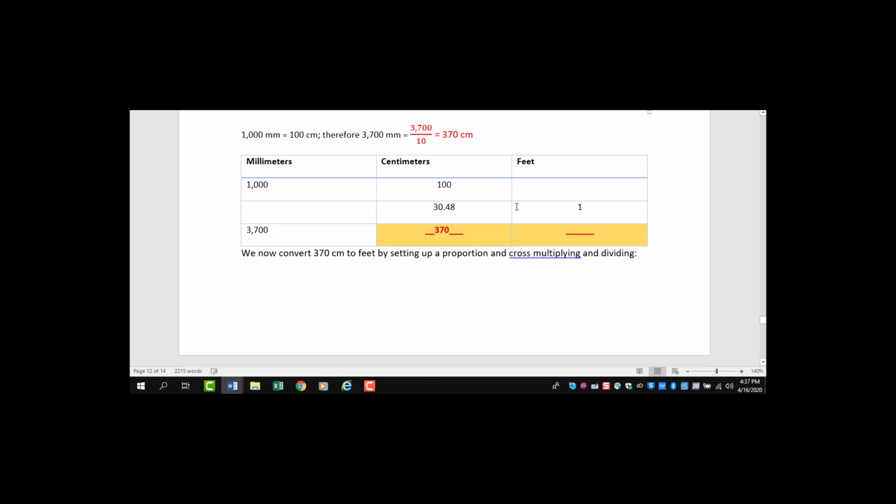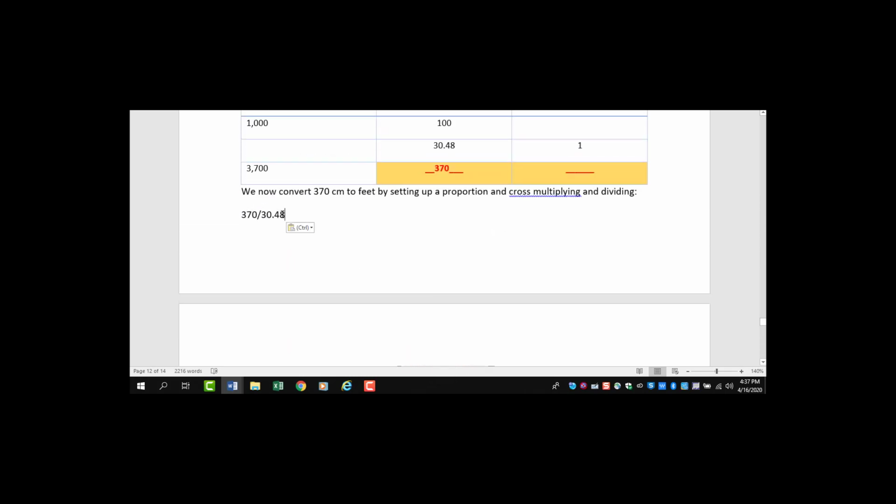Well, it's not quite so easy, but if you think about what I said before, 30.48 divided by 30.48 is 1. So really, I'm going to take this and divide it by 30.48 in the end. Now watch this down here, as we're going to use a proportion, but this is a quicker way.